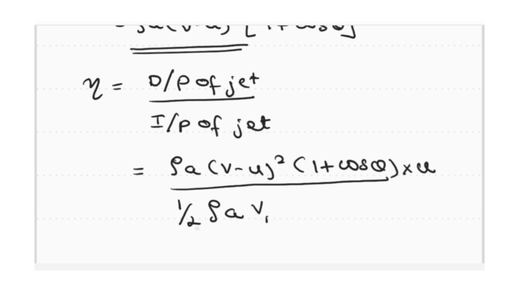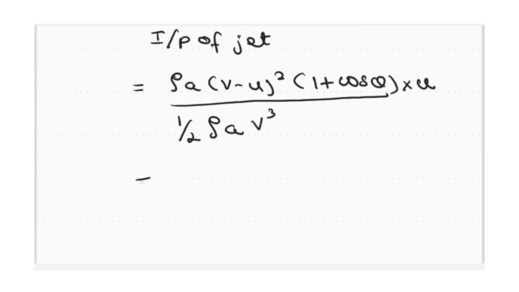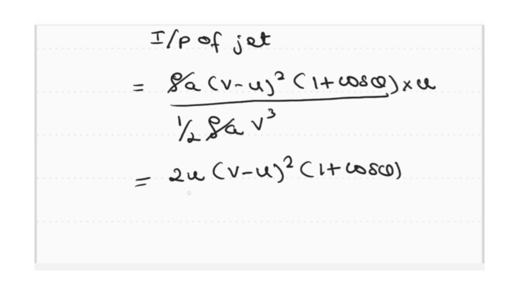Input of jet is kinetic energy, half into rho into A into V cube. If you solve it, this gets cancelled. So the numerator will be 2 into u into (v minus u) whole square into (1 plus cos theta), divided by v cube.